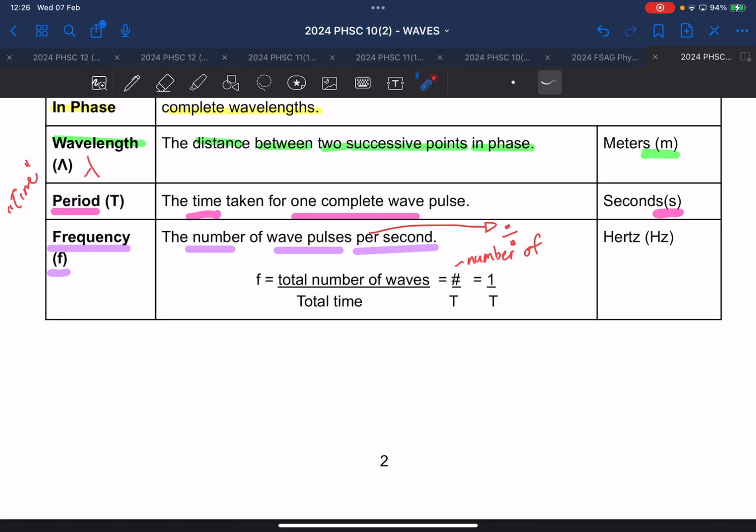Okay, one of the formulas looks very similar to this formula that says f is 1 over T. Yours just says T is 1 over f. Yes? Thank you. Okay, so it's the same formula, it's just a bit rearranged. So that formula is on your data sheet, meaning you do not have to memorize it.